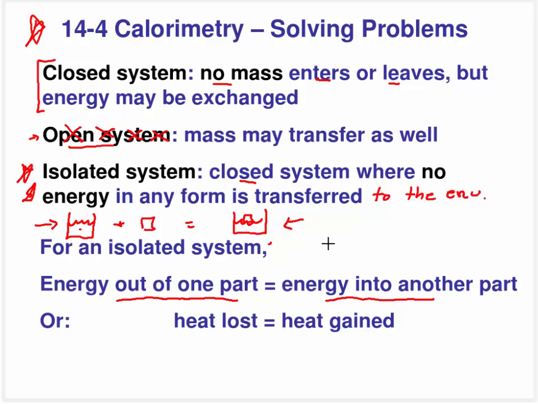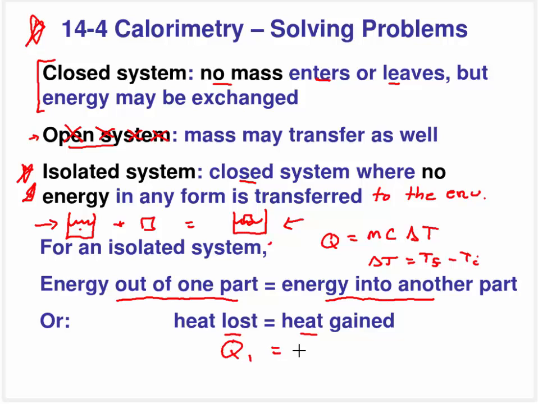Now remember that we can say that Q energy is going to be equal to mass times specific heat times change in temperature. And this temperature, delta T, is going to be some temperature final minus temperature initial. You can kind of see whether an object has a higher or lower final temperature versus initial temperature. This energy can be either negative or positive. We could also say that the heat lost is going to be equal to the heat gained.